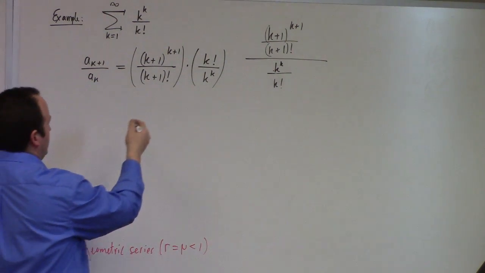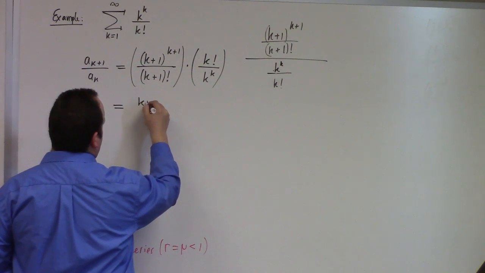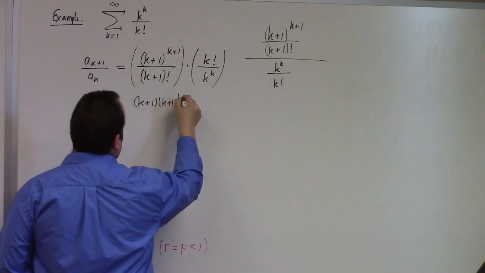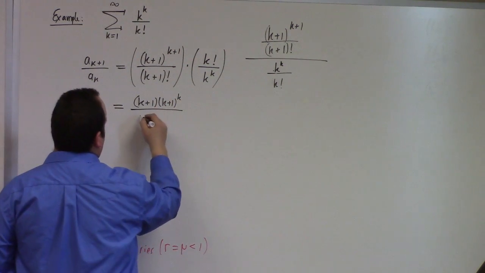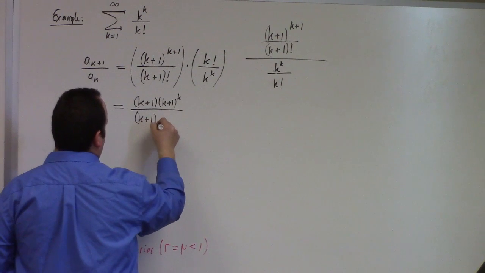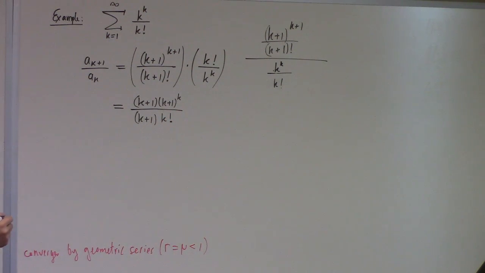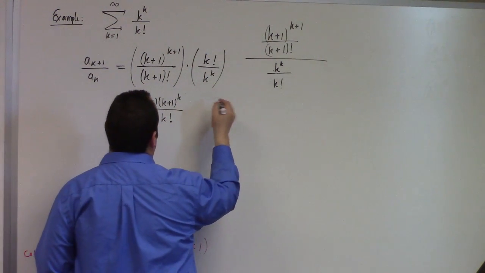With that, there are some very central identities here. First, upstairs I have k plus 1 times k plus 1 to the k, divided by k plus 1 factorial, which is k plus 1 times k factorial. That's the go-to identity for the factorial. You can basically define it recursively by that.